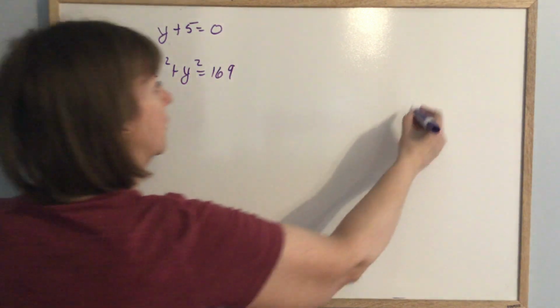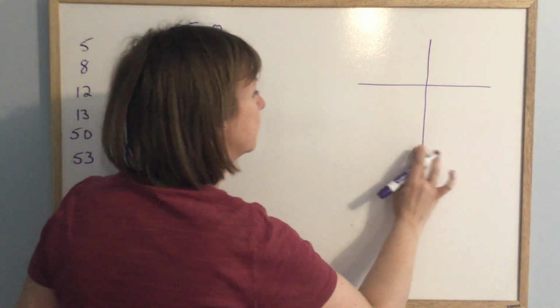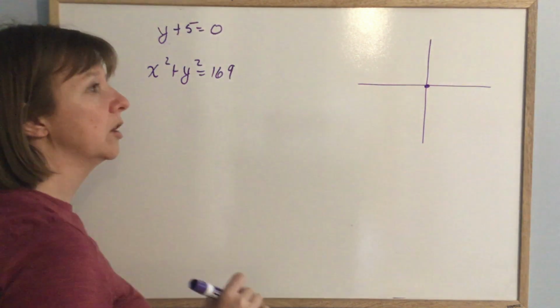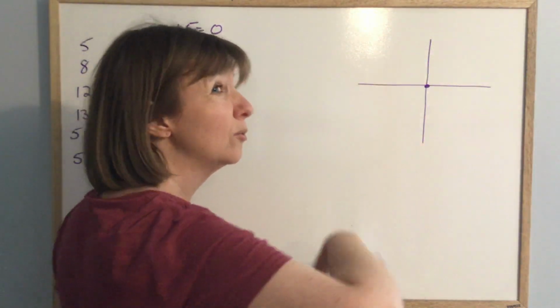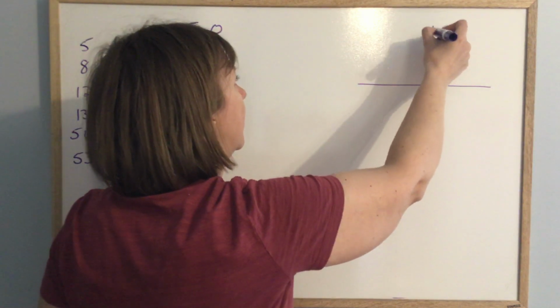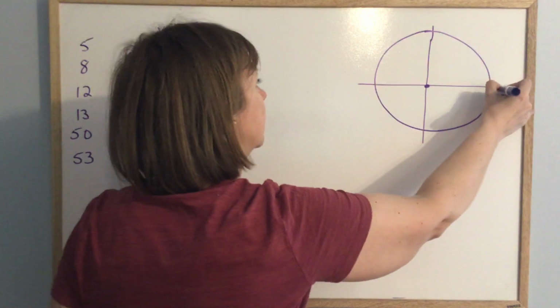Okay, so if you're visualizing this, my center is at 0 and 0. Square root of 169 is 13, so it would be a really big circle. I'm going to bring it in a little bit. And the radius would be 13.